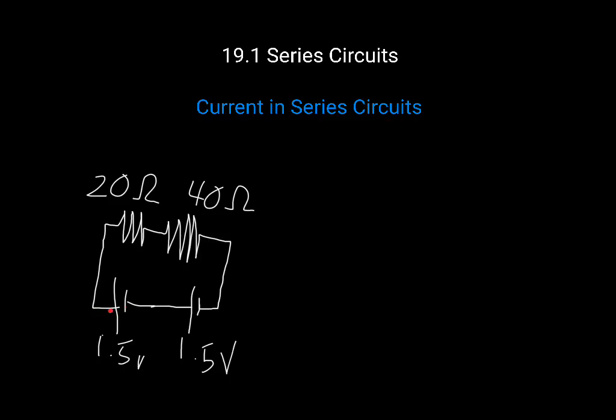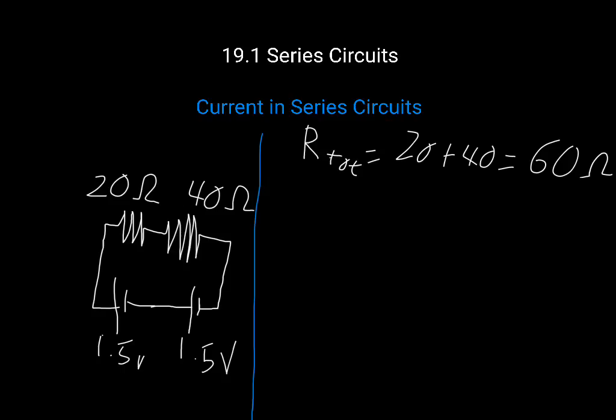That amount of charge flowing around this corner has to be the same amount of charge flowing around this corner, because we have to have that charge conserved, and we're not going to have a buildup of charge. We're not going to have like 80 coulombs of charge just hanging out here, coming around this corner and then not moving on. So when we have things in series, the current throughout the whole circuit is always the same.